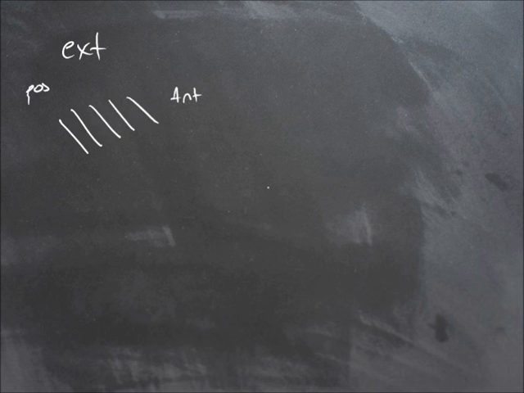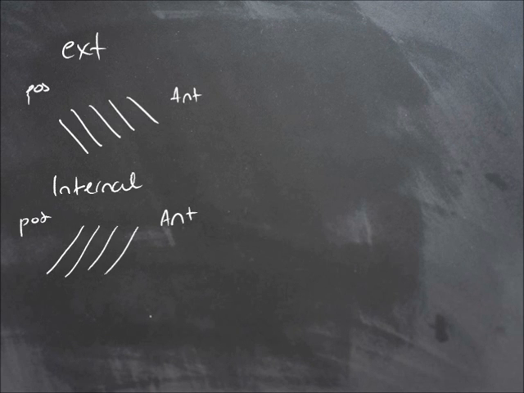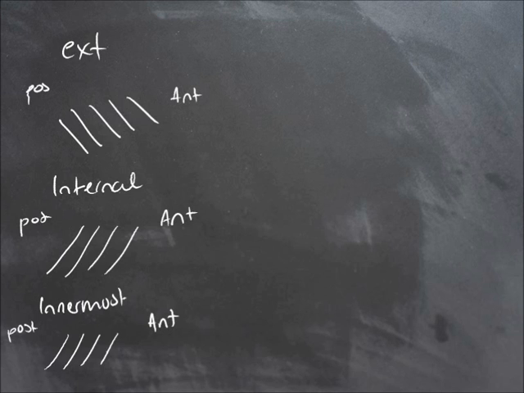Okay, so a summary: you have your external waistcoat pocket, posterior to anterior. Then you have your internal hip pocket, anterior to posterior. Then you have your innermost, and they are hip pocket, anterior to posterior.